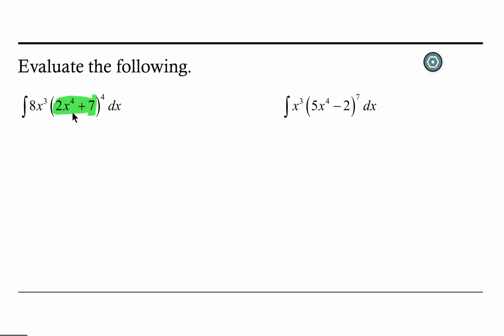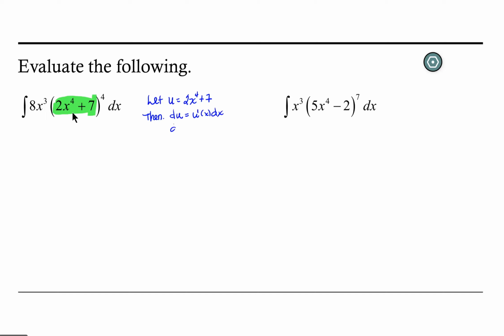So let's go ahead and let our substitute, the variable we're going to replace x with, be u. So we're going to let u equal that argument, 2x to the fourth plus 7. If I do that, then the differential for u is u prime of x dx.